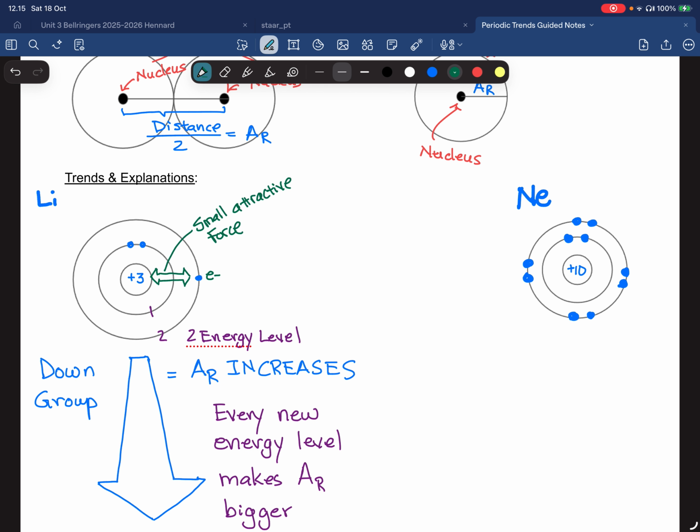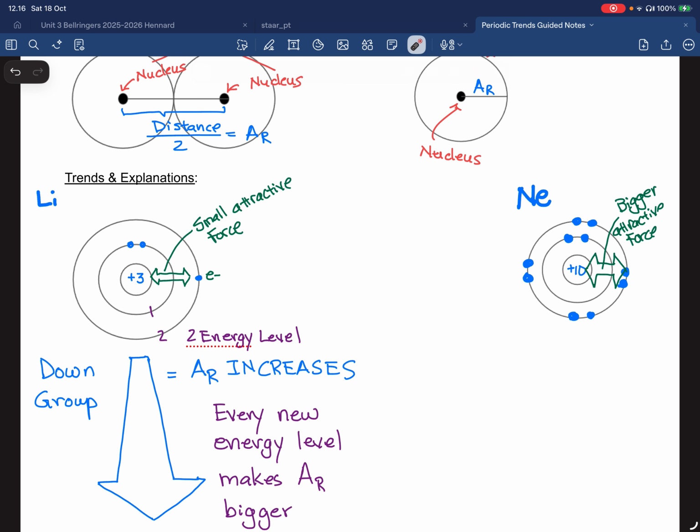Now, when we go across to neon, we have a +10. So we have a bigger attractive force. But you have the same number of energy levels.